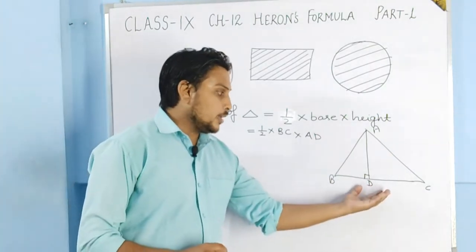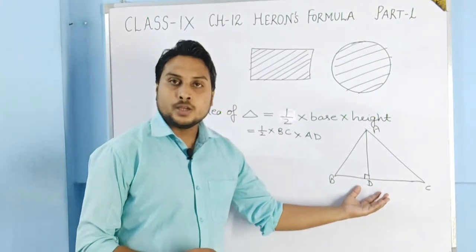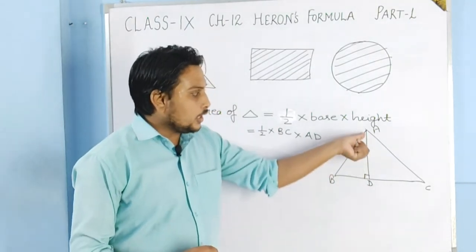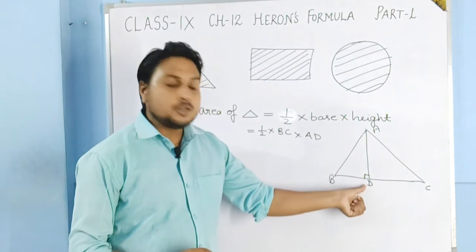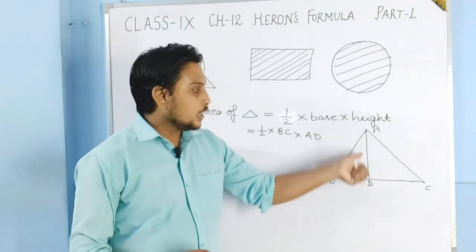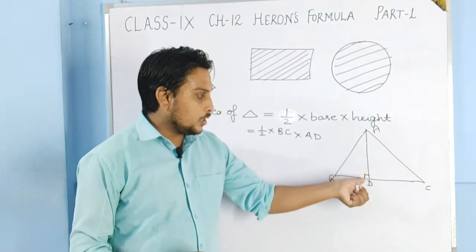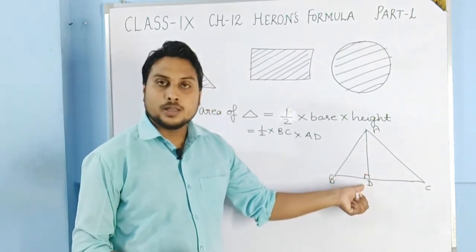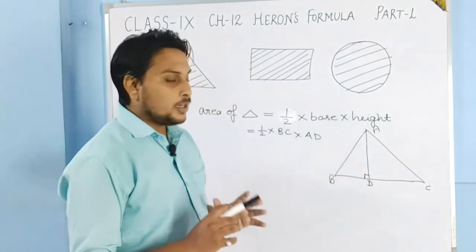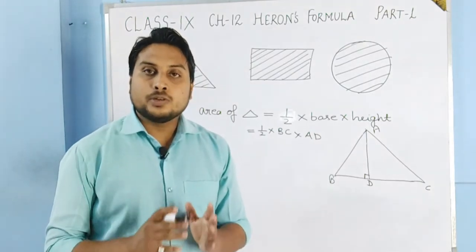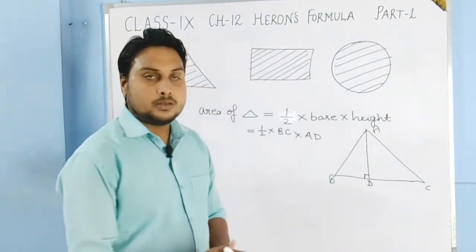Here you have taken the base BC, so the height you take should be perpendicular on this base only. Whatever base you take, the height is only corresponding to that.